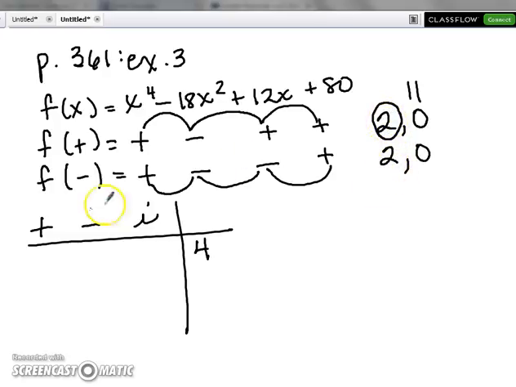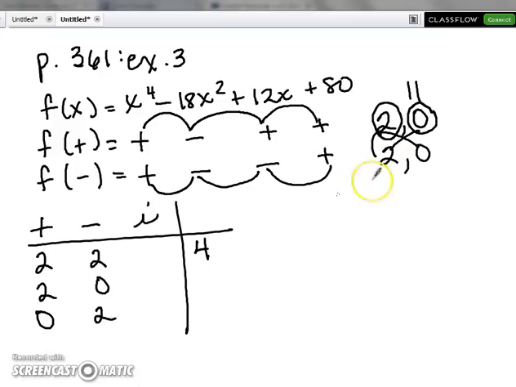So I'm going to take 2 positives, and I could pair that with 2 negatives, or I could take 2 positives, sorry about that, and pair it with 0 negatives. Well, then I need to account for what if I have 0 positives, and I could pair it with 2 negatives, or I could have 0 positives and pair it with 0 negatives.